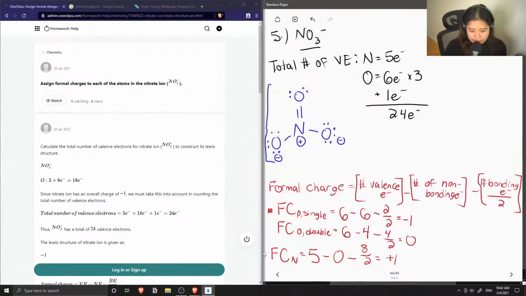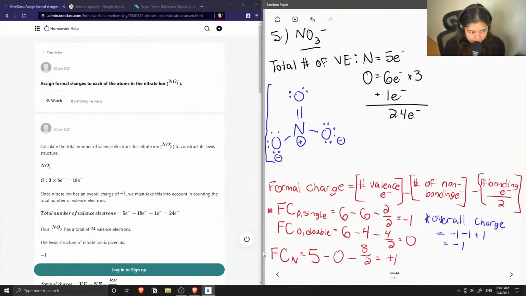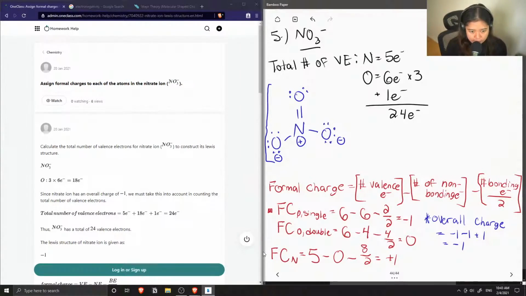So if we were to calculate the overall charge of the ion, we can double check. We have -1, -1, +1, which makes it an overall -1 charge. And we can also show the resonance structures of this ion as well.